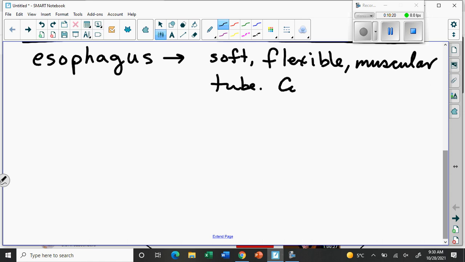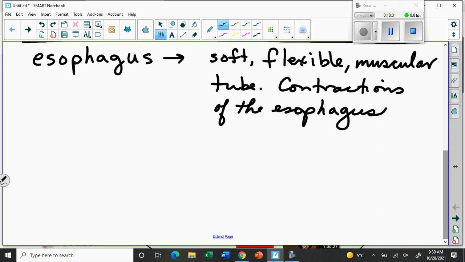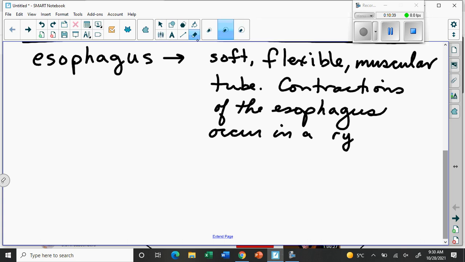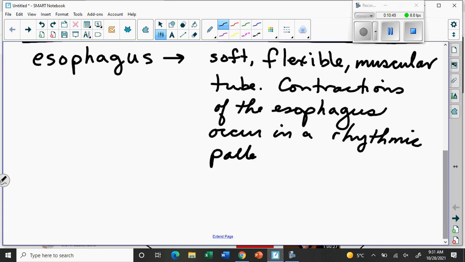Okay, contractions of the esophagus occur in a rhythmic pattern. And I'll put in brackets peristalsis. That's what it's called, peristalsis.